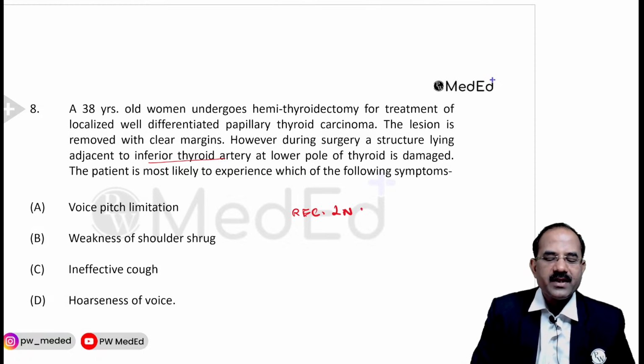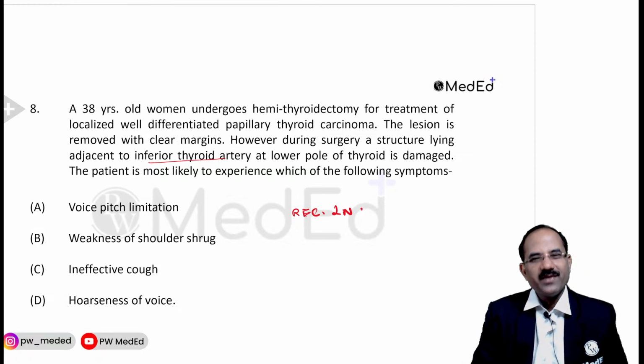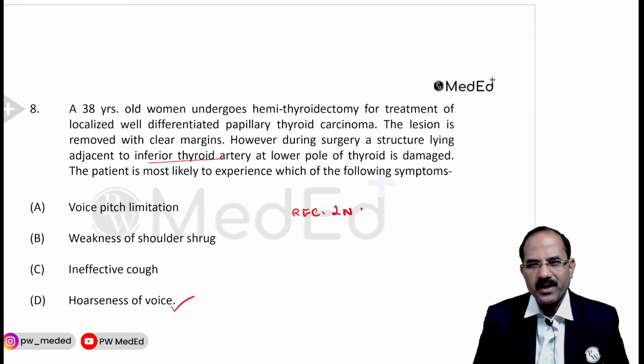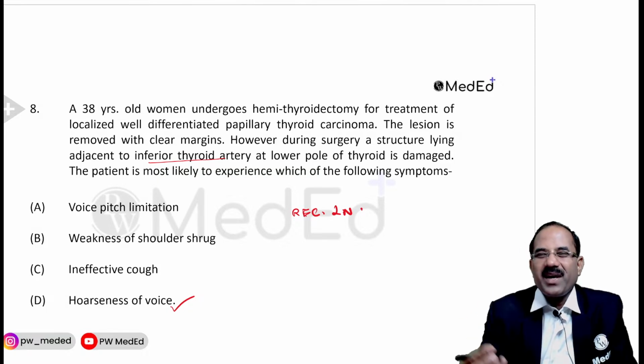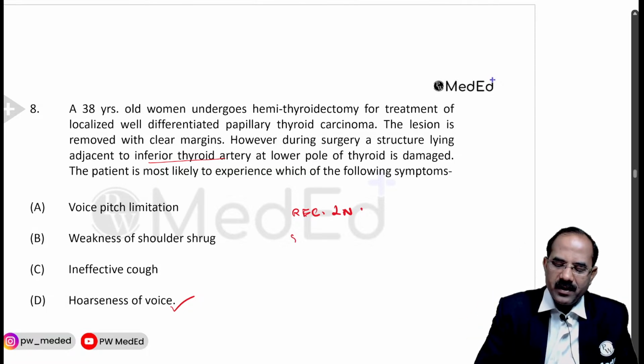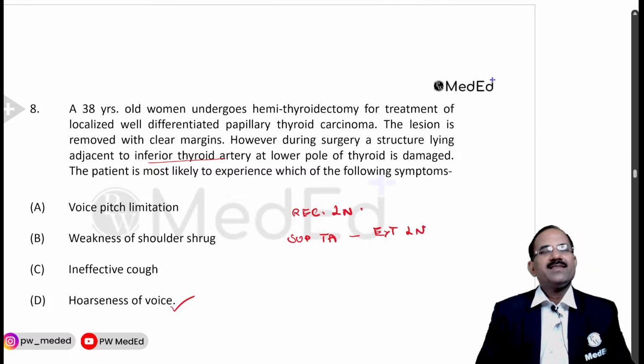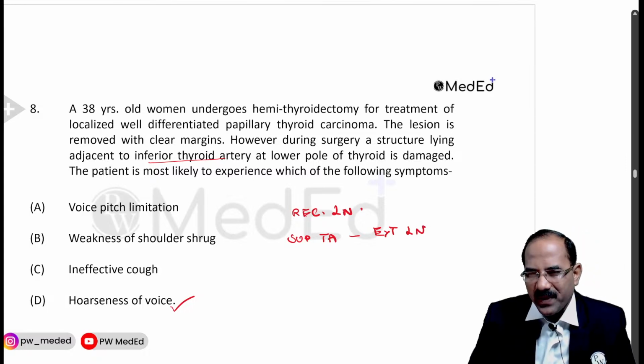Yes, it's the hoarseness of voice, due to recurrent laryngeal nerve involvement. Which is the nerve which goes with the superior thyroid artery? Yes, with the superior thyroid artery goes the external laryngeal nerve.